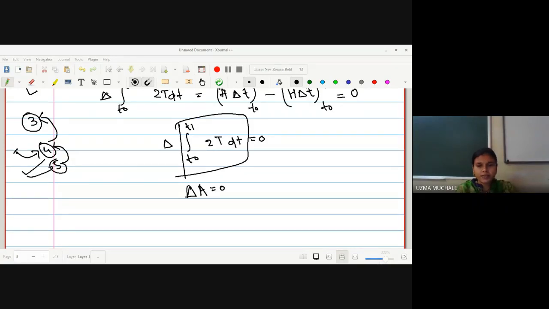And after that we saw the capital delta variation and small delta variation, and the definition of action and the principle of least action. In short, I have repeated. I don't know how many of you got this. If you have any type of doubt in this, you can ask.